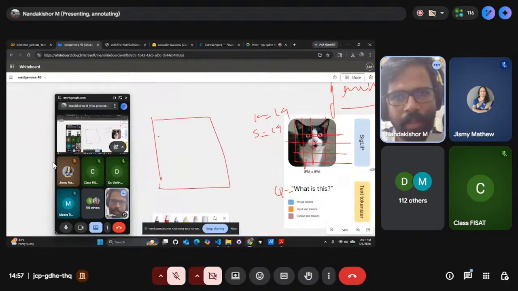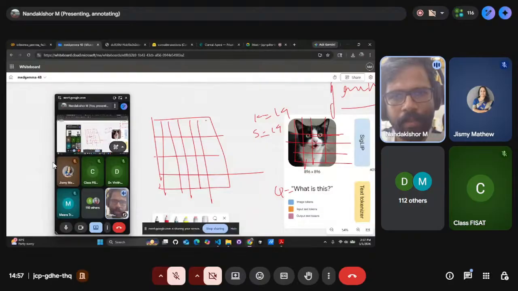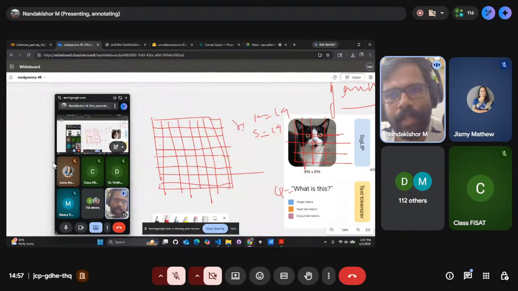Take a grid, say an 8 by 8 grid, and think of it like an image of a dog.